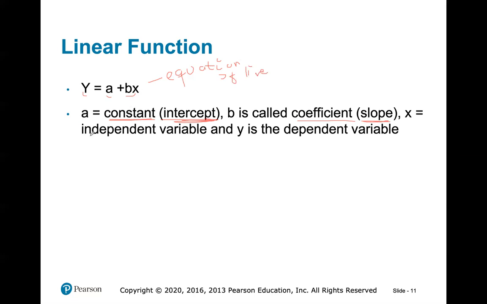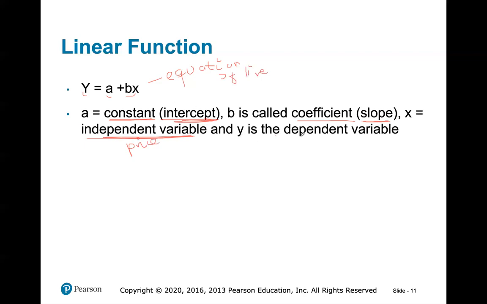Now you have x. X is what we call an independent variable. So for example, I'm trying to predict sales, but what am I using to predict sales? I'm using price to predict sales. Whatever you're using to predict something else, or whatever factor affects something else, is known as the independent variable. So in this case, price is the independent variable and y is the dependent variable.